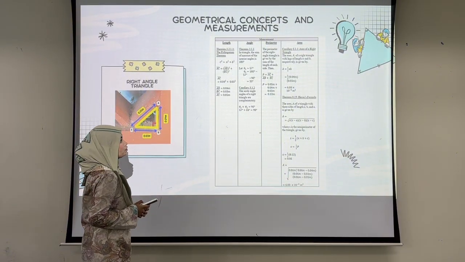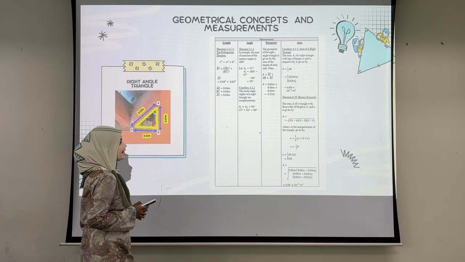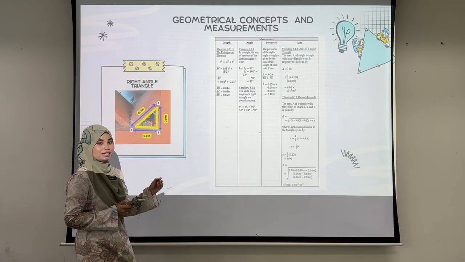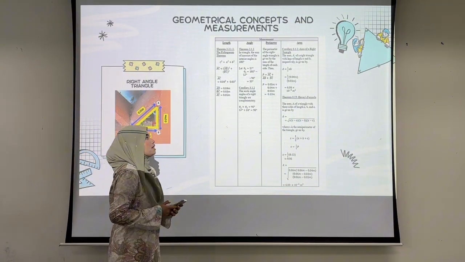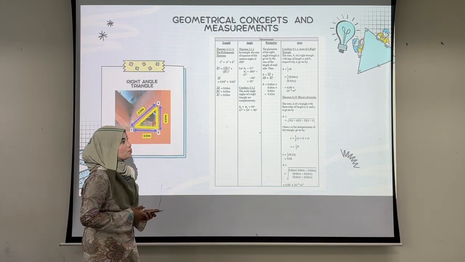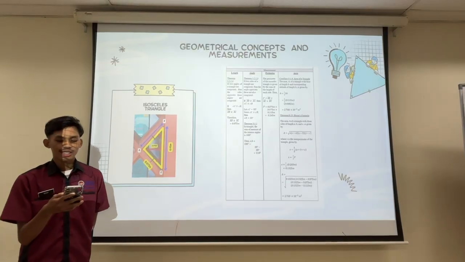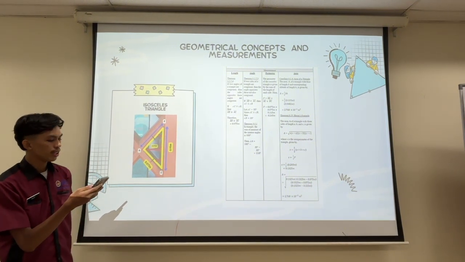For the area, we use the formula 1/2 times the lengths A and B, where A and B are the legs of the right angle triangle, and the result is 6 times 10 to the power of negative 4 meters squared.